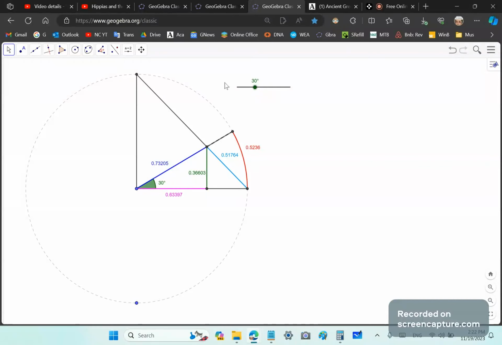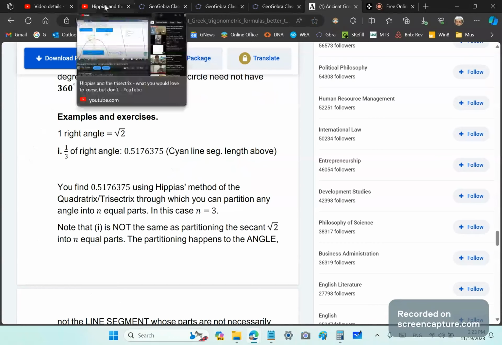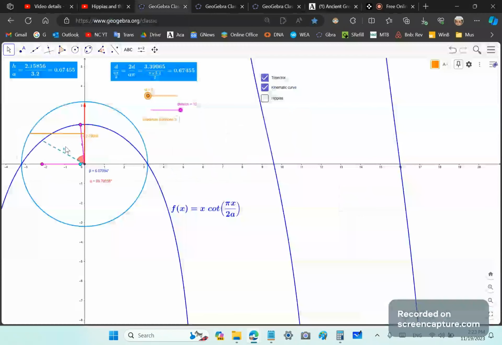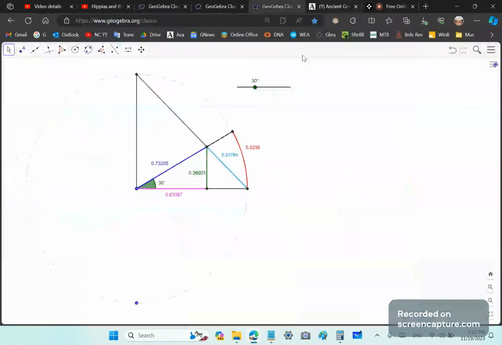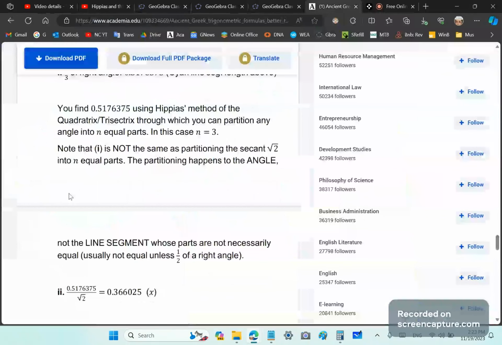I'll also show you how to do that algebraically, and algebraically you would need to use the equivalent of Hippias's method of finding the number of equal parts.